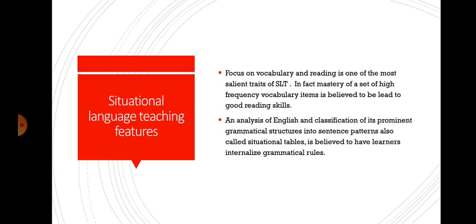There is an analysis of English and classification of its prominent grammatical structures into sentence patterns, also called situational tables, which is believed to help learners internalize grammatical rules. So this is all about the salient features of this process.